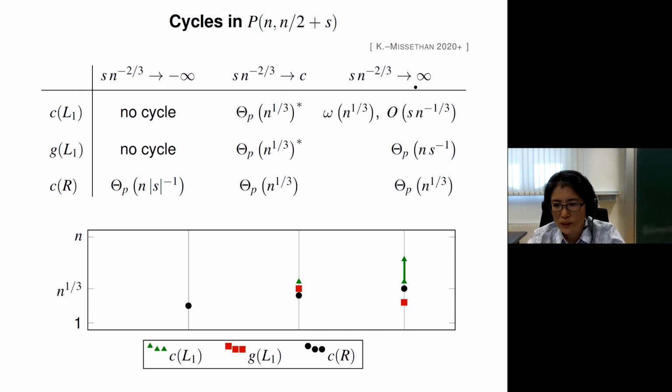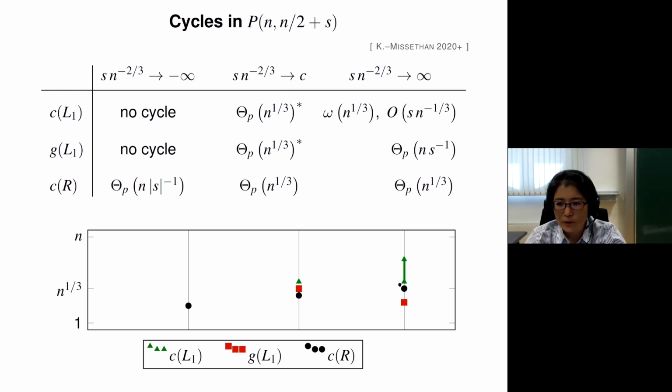In the weakly supercritical regime, we could show that the circumference of the largest component is at least much larger than n to the 1/3, but smaller than some constant times s times n to the minus 1/3. So if you look at it, there is a gap in the result, indicated here.